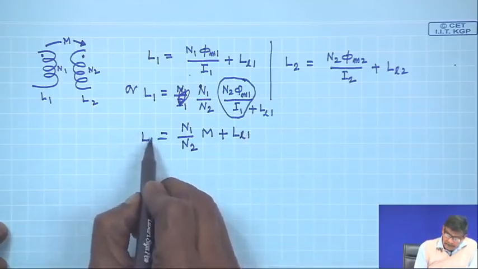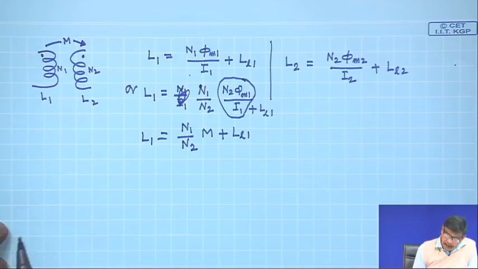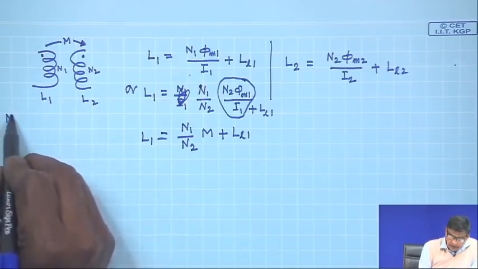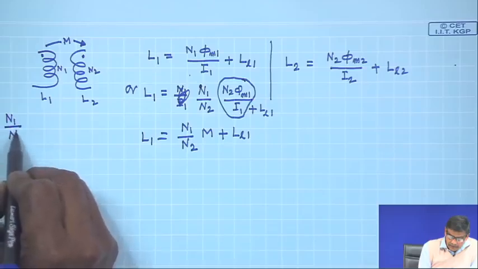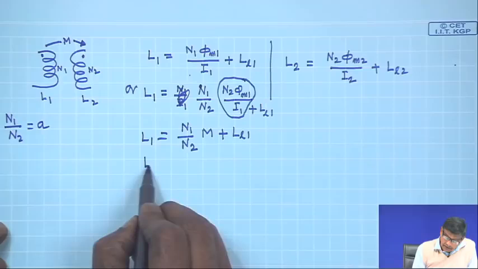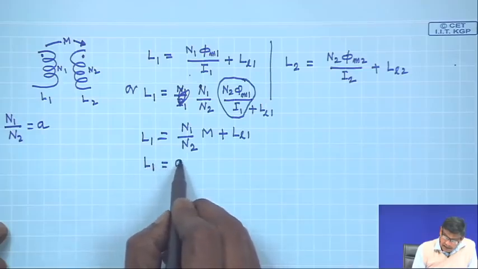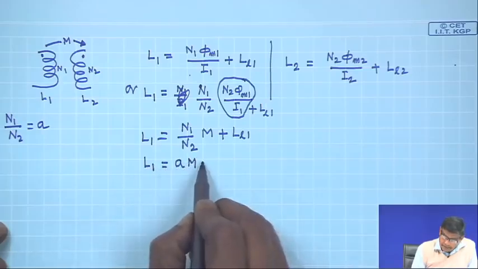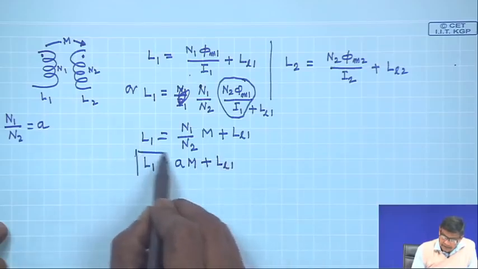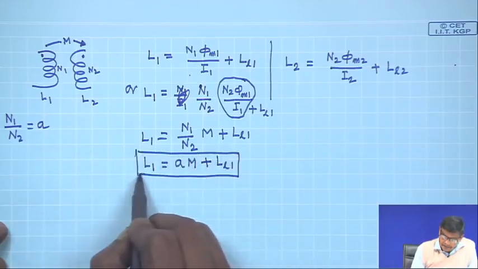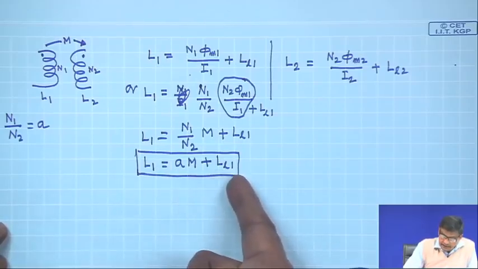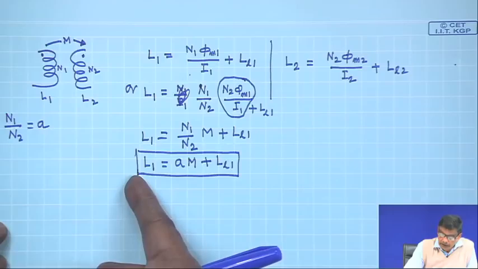This is the self inductance, and if we define the turns ratio to be small a, then L1 is nothing but a into M plus L_L1. This is how self inductance looks in terms of mutual inductance and leakage inductance.